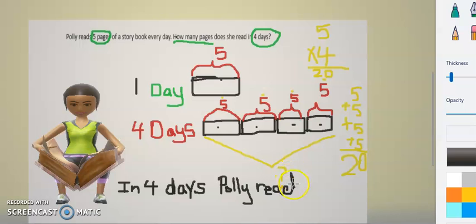Polly reads, this is my S, 20 pages. So I answered my question here, right? I answered my question, asking how many pages does she read? So my answer has to be telling the amount of pages. So in 4 days, Polly reads 20 pages.